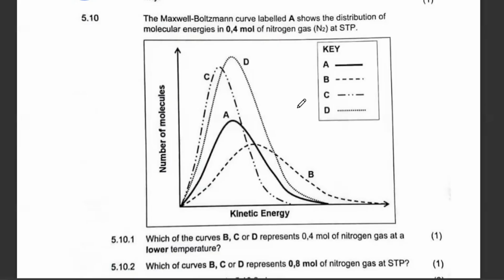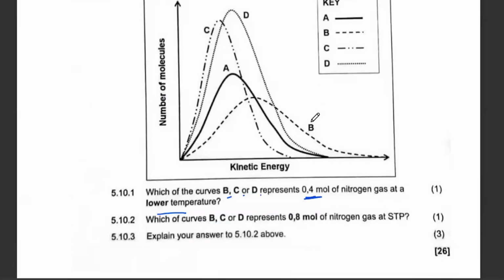It is asking which graph, A, B, C or D, represents 4 moles of nitrogen gas at lower temperature.